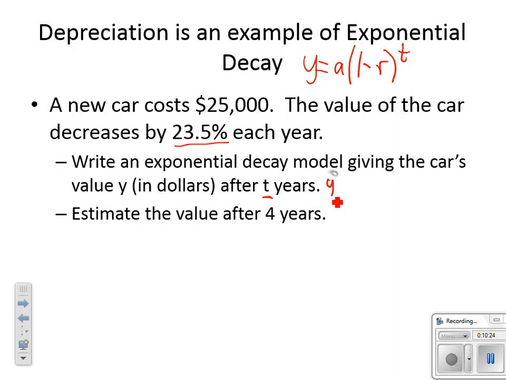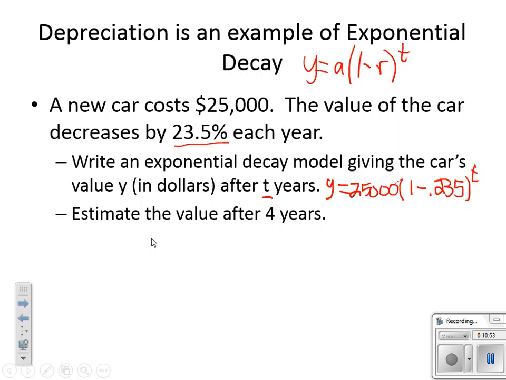So let's start with that. Y equals our initial amount, or our initial cost was $25,000 times 1 minus R is our rate, and we said our percentage was 23.5, so our rate, remember, we want to express as a decimal, so that'll be 0.235 all to the T, because we wanted just a model.